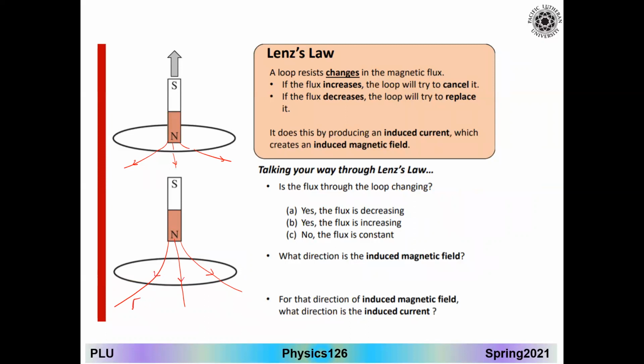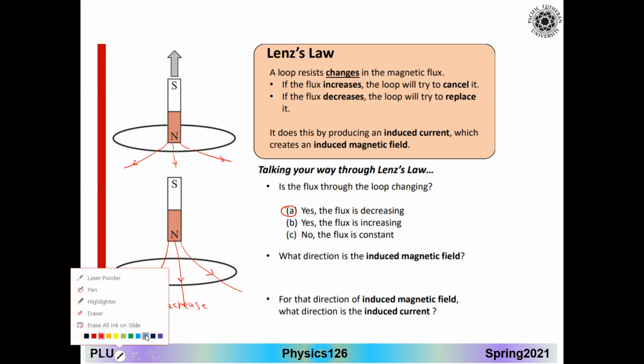So basically I have a flux decrease. According to Lenz's law, the loop tries to resist that by increasing the magnetic flux, generating more magnetic field going in the same direction as the original magnetic field.